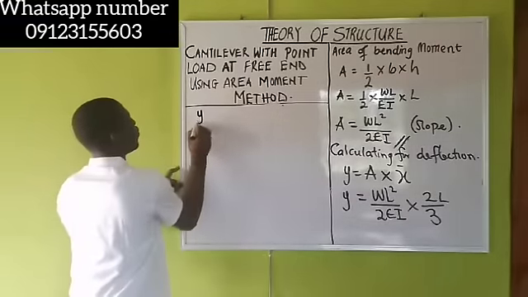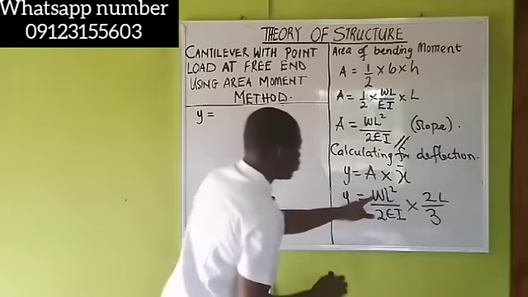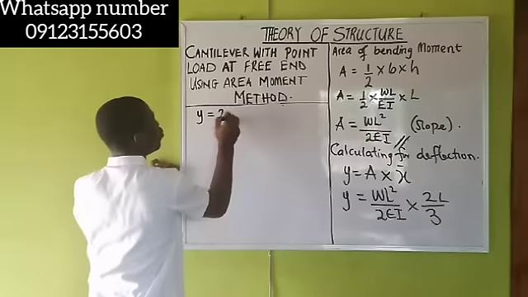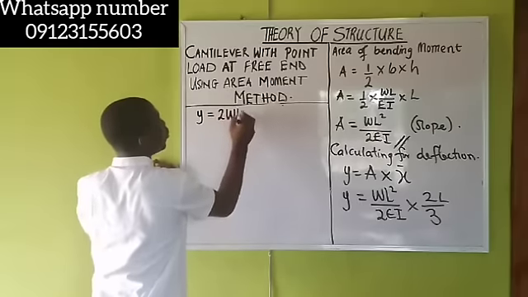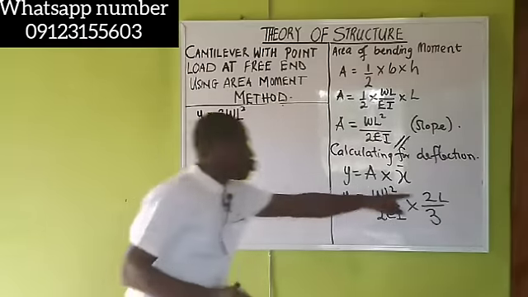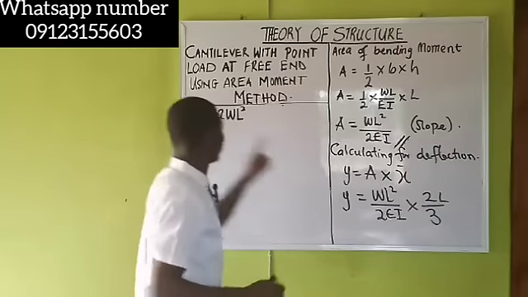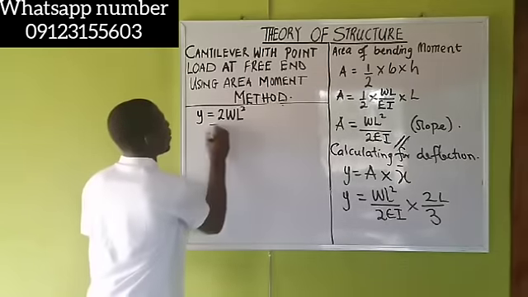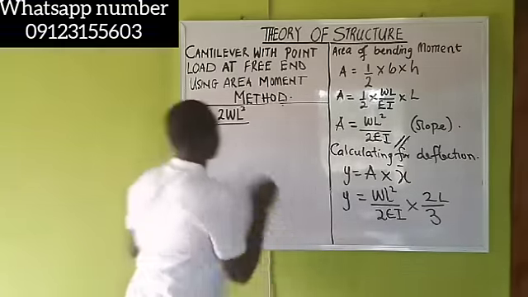My deflection y is equal in value to W L squared times 2L, which becomes 2 W L cubed, right? 2W L squared times L cubed over 2 times 3, which becomes 6.